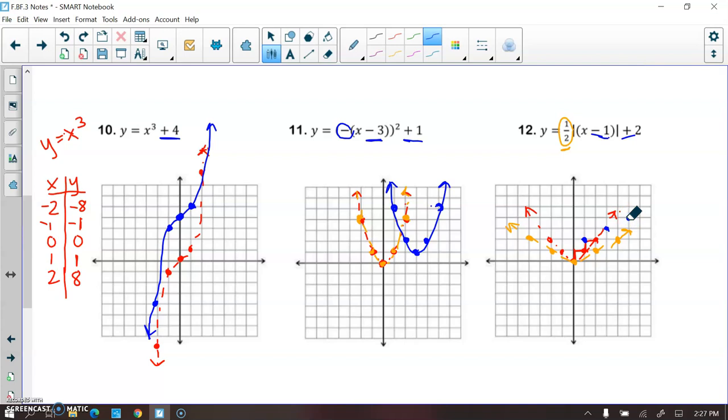And then I can just reflect those points across to mirror them on the other side. Because, again, an absolute value graph has symmetry. So that's why we can do that. This is my final graph.